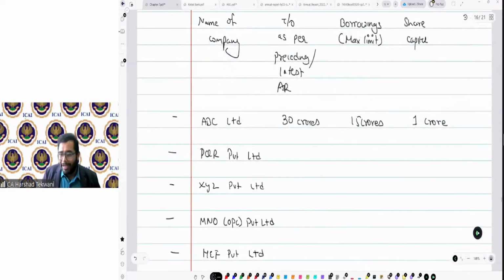Then PQR Private Limited. Okay. For PQR Private Limited, we have turnover of 35 crore, borrowings of 10 crores, and a paid up share capital of 10 crores.